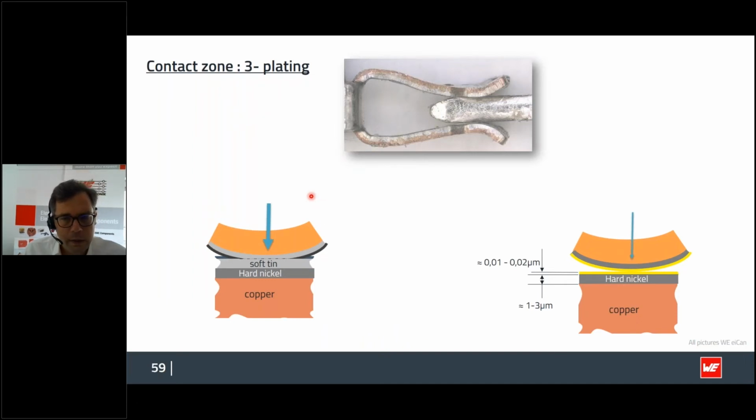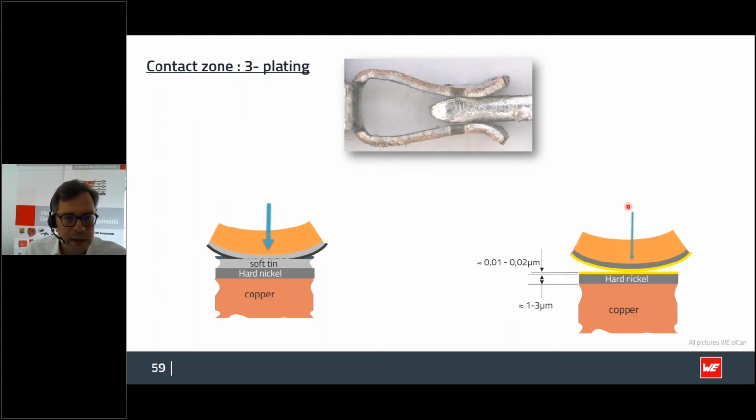And also, if you think about the number of mating cycles, for lower mating cycles you use tin quite often. It's a cheap material, and mating cycles are not that frequent. On the other side, if you have I/O connectors, for example, the plating material which you prefer here is gold plating.